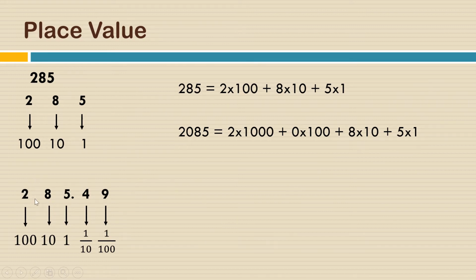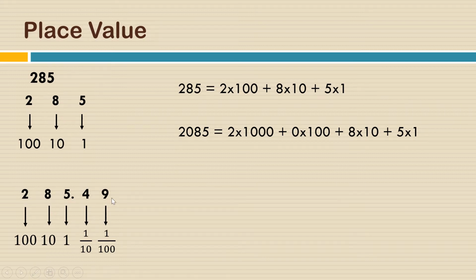Next is 285.49. In this number, there are 2 parts, decimal number part and whole number part. In the whole number part, ones place is 5, tens place is 8, hundreds place is 2.